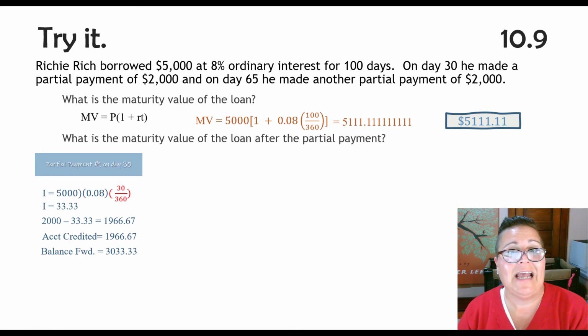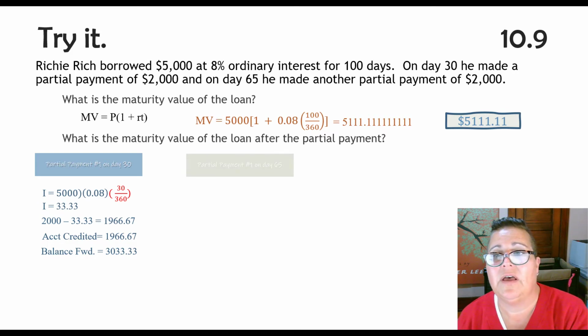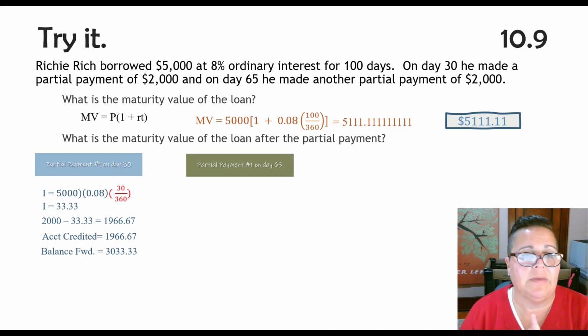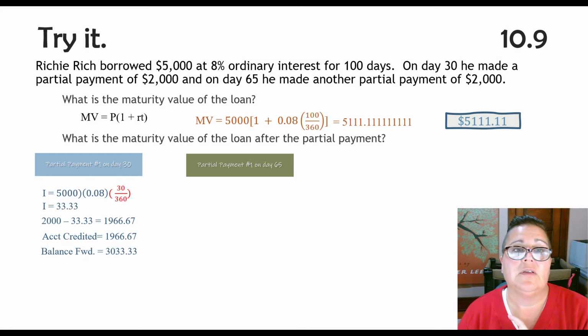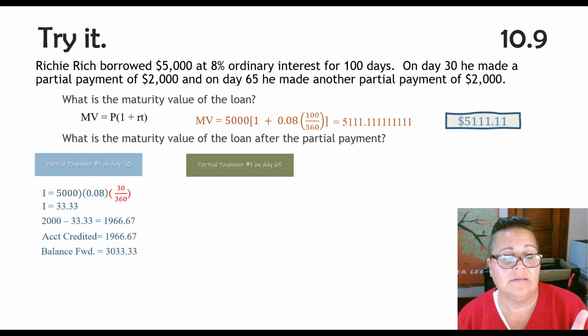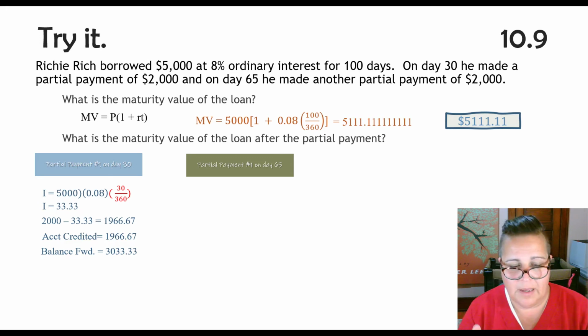As we go into the second partial payment, because this one does have a second partial payment on day 65. This partial payment, number 2, is on day 65. So in the next time frame, we're going from day 30, where we now have a balance of $3,033.33, to day 65.